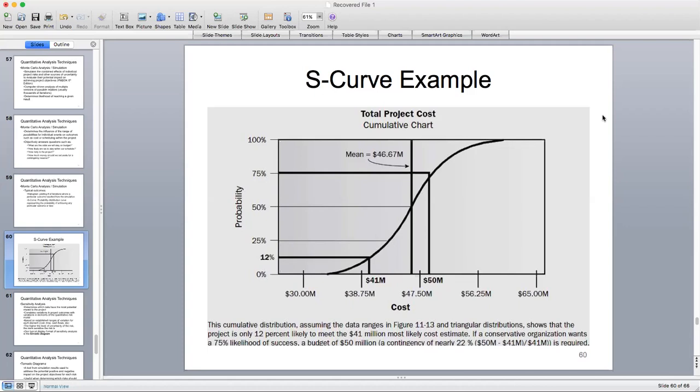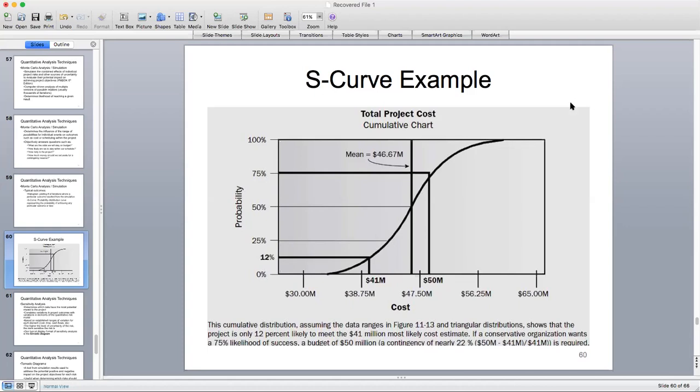Now, remember, that's still a single point estimate. It does not take into consideration the uncertainty within a distribution. So if we use the stochastic method, which is used in Monte Carlo simulation, we can test that value using our S-curve to determine how confident we actually are that we have arrived at the right number.